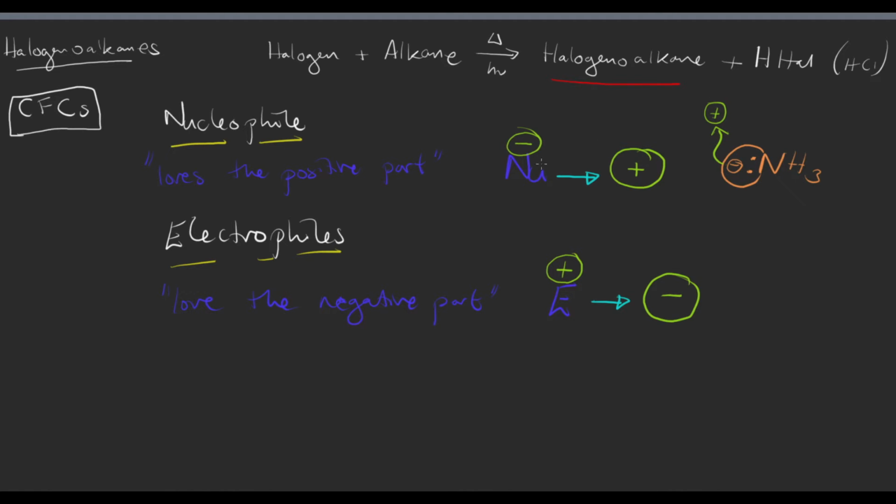So don't get confused. Don't think of nucleophiles as necessarily being negative. Don't think of electrophiles as necessarily being positive. They sometimes are, but also they might just be areas of high or low electron density. So an electrophile might have a particularly low area of electron density, and a nucleophile might have a particularly high area of electron density. And that would be enough to get them to react together.